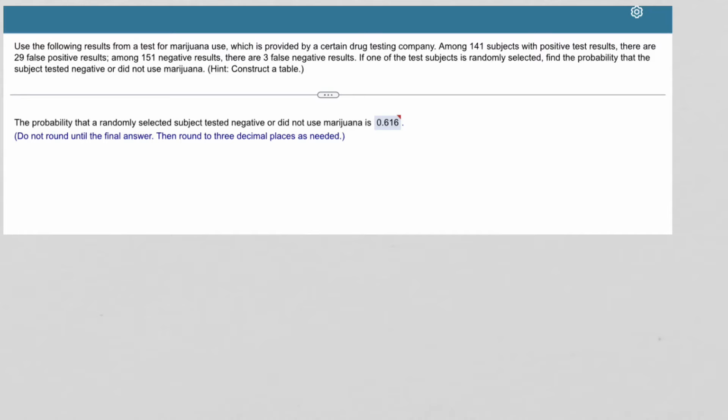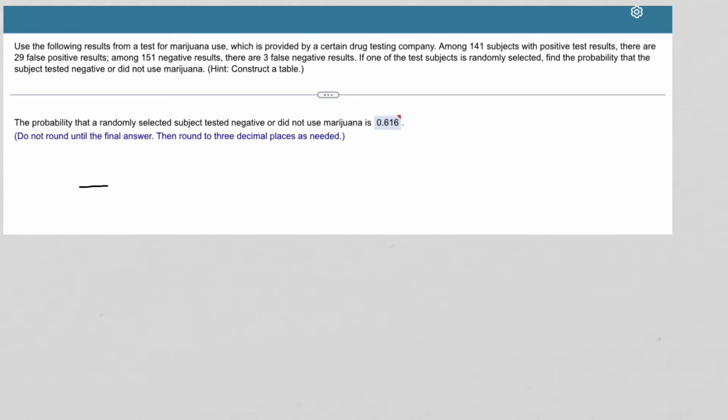In this problem, it asks us to use the following results from a test for marijuana use, and they give us information about positive test results and negative test results and whether people were or were not using marijuana. And they suggest that you construct a table.